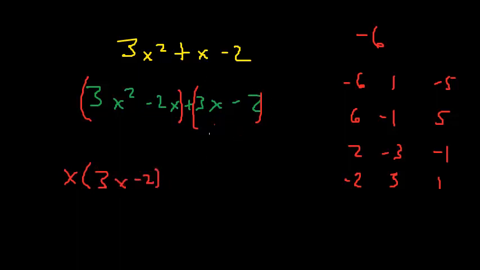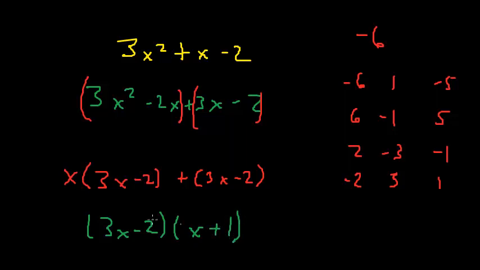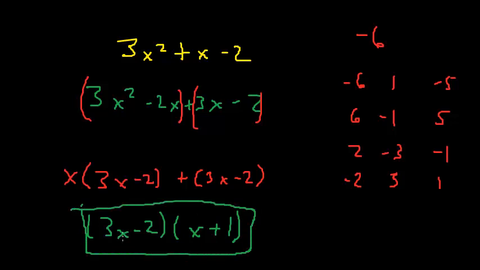Again, here I have 3x minus 2. There is no common factor, so I just bring down my 3x minus 2. Now I have a common factor here of 3x minus 2. So I pull out my 3x minus 2, and that leaves me with x plus 1. So this then is my factored form.